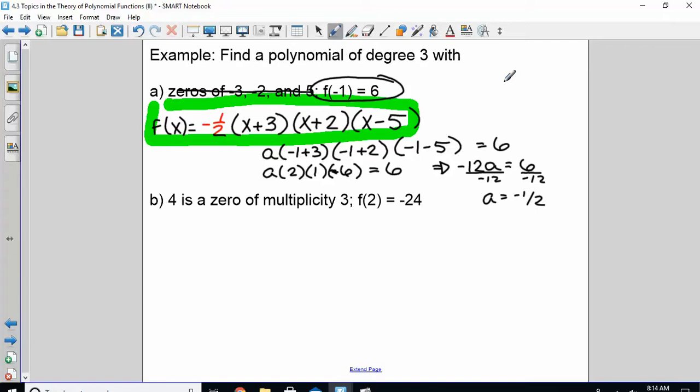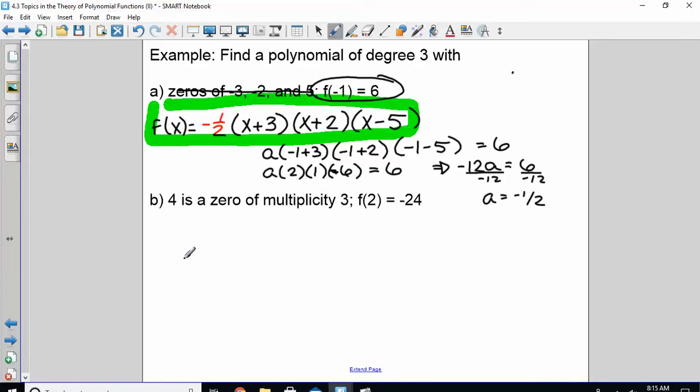Questions on what we did right there? Again, I had to find that A because of this extra requirement. I essentially gave you 1 point that had to be on the graph, so we had to figure out what our coefficient was to make that true.